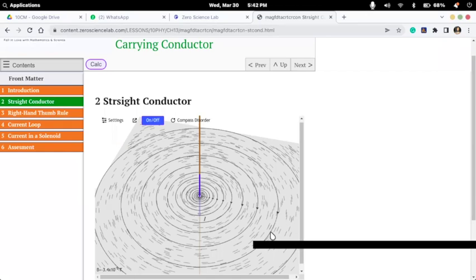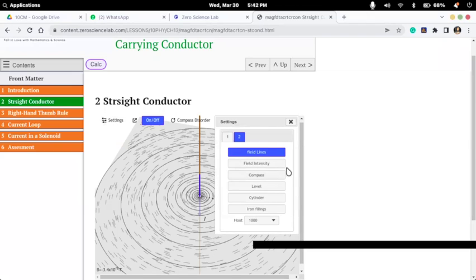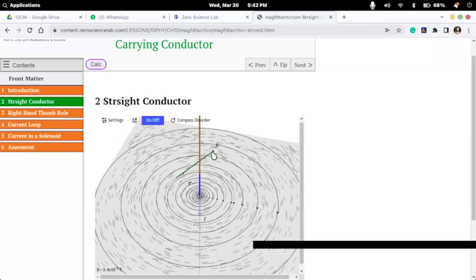So the separation between them is getting reduced as we move closer to this conductor, right? What exactly does this mean? Sir, this means the magnetic field is high at positions which are very close to the conductor, right? Yes, sir. Okay, these are the observations you can make.